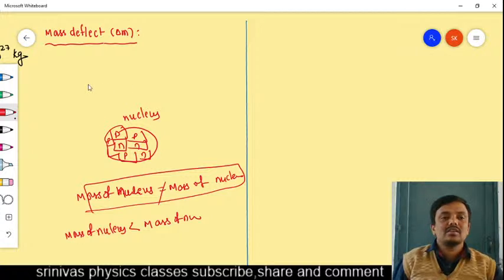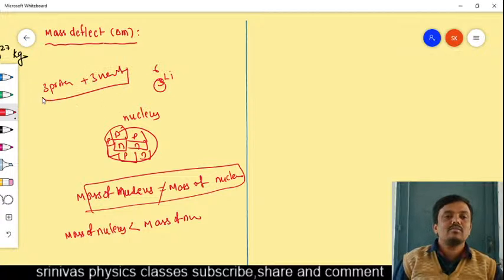Actually, what happens? How will a lithium atom form? For example, lithium-6. Lithium nucleus is formed with 3 protons and 3 neutrons.